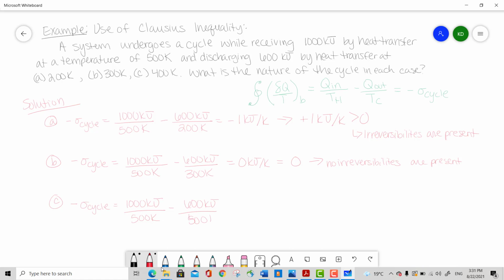That's 400 Kelvin, sorry about that. This comes out to 0.5 kilojoules per Kelvin for the negative of the cycle integral, which is less than 0. And because we have a negative cycle integral right here, this is a negative 0.5, which is less than 0, which means that this is impossible.